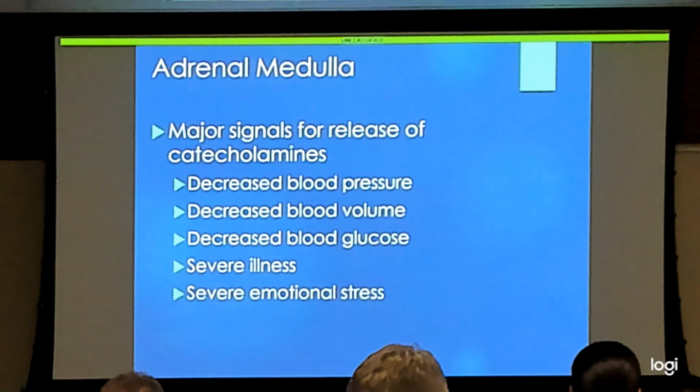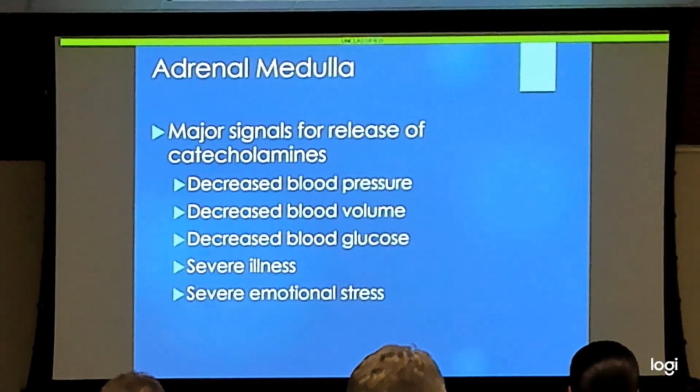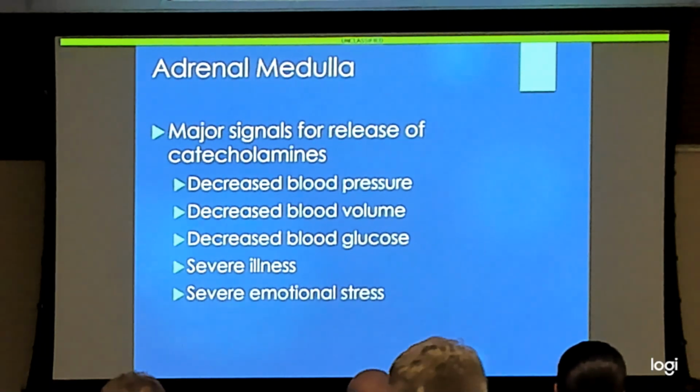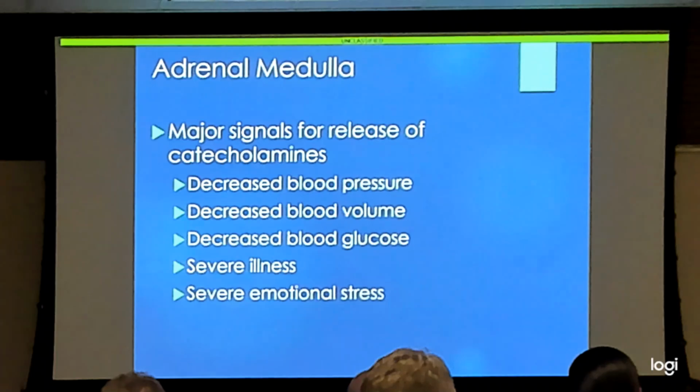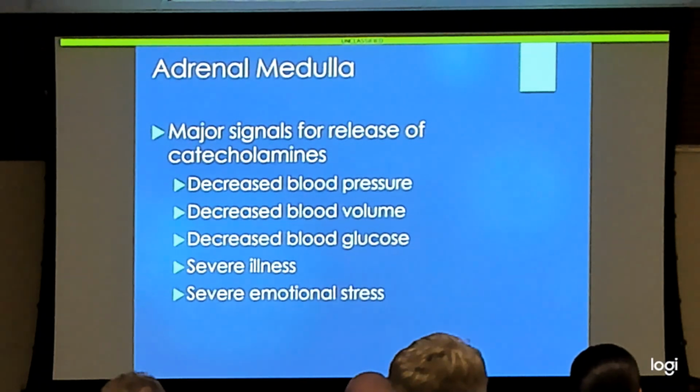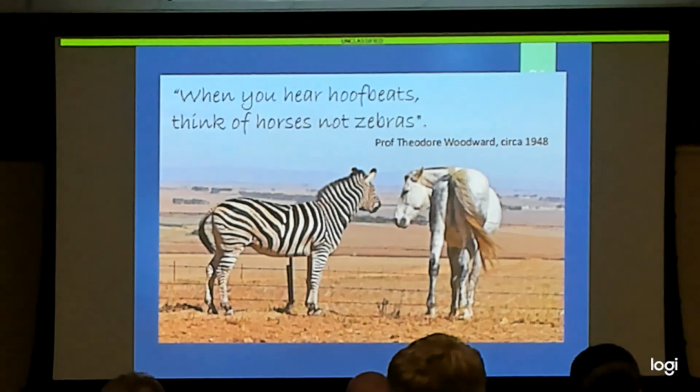That is a normal response, in addition to everything else. Normal response is just trying to save your life. But fortunately, you can't go through this for very long because otherwise you end up in shock, which is also a problem. Severe illness and severe emotional states can also kick up the signal. So this is all normal stuff where catecholamines can be released.